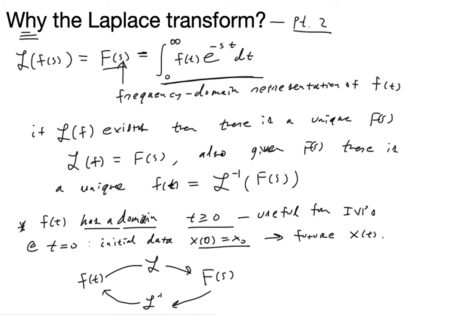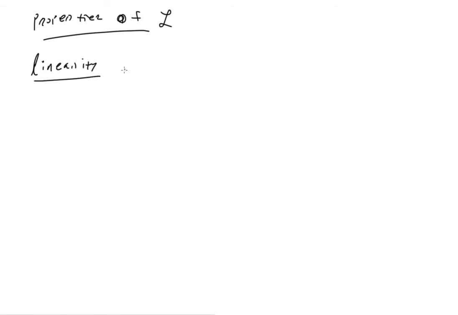Okay, so now let's talk about another property of the transform. So the properties of the Laplace transform or operator. The really important one is linearity. Linearity, and this means it plays nice with vector spaces of functions.